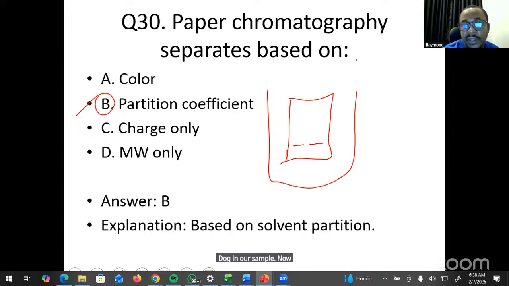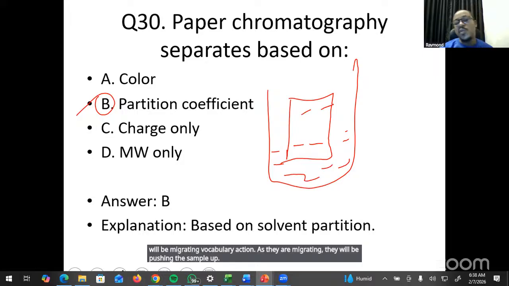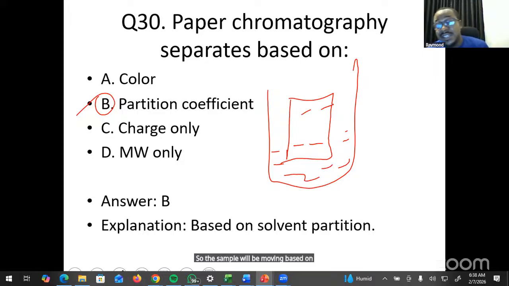The solvent migrates via capillary action, pushing the sample up. The sample moves based on its affinity to the solvent. If the sample does not like the solvent, it will not move. But if the sample is soluble in the solvent, it will move. So it's called partition coefficient.